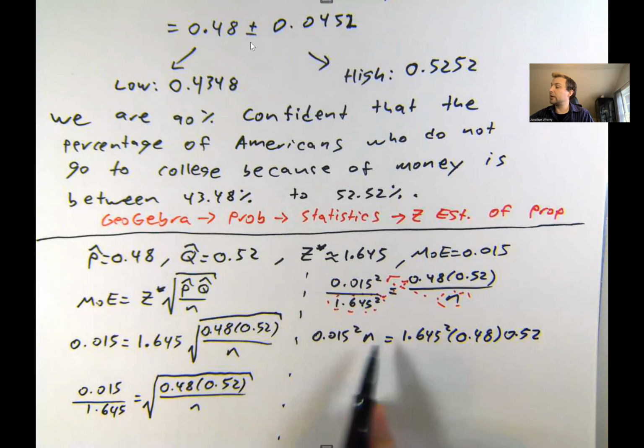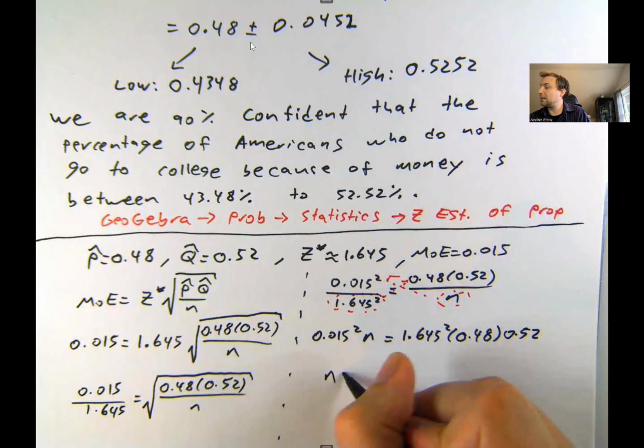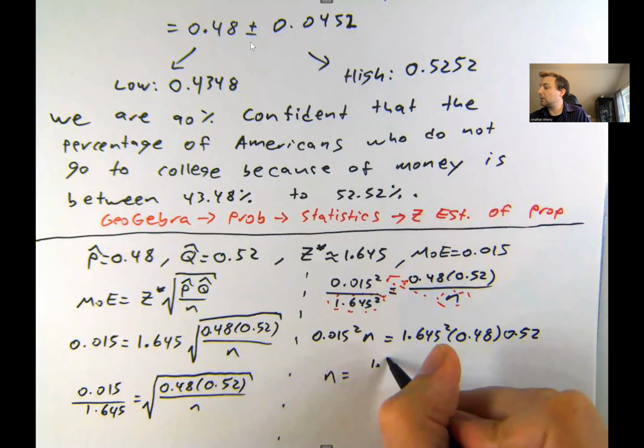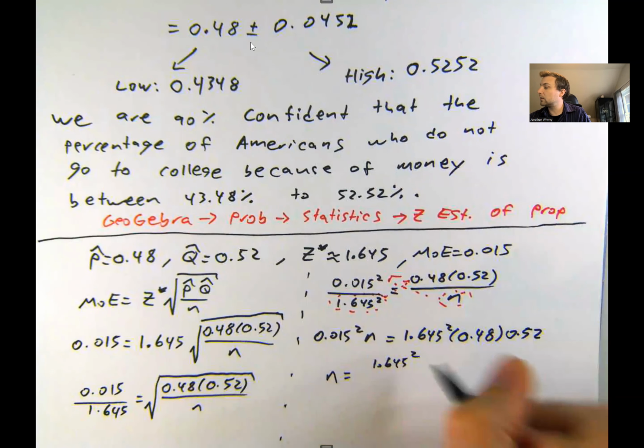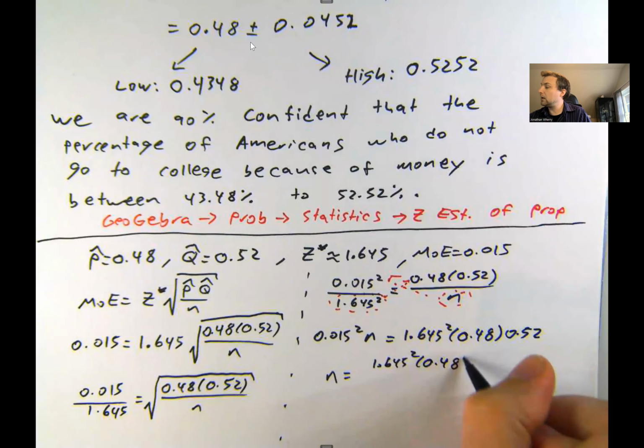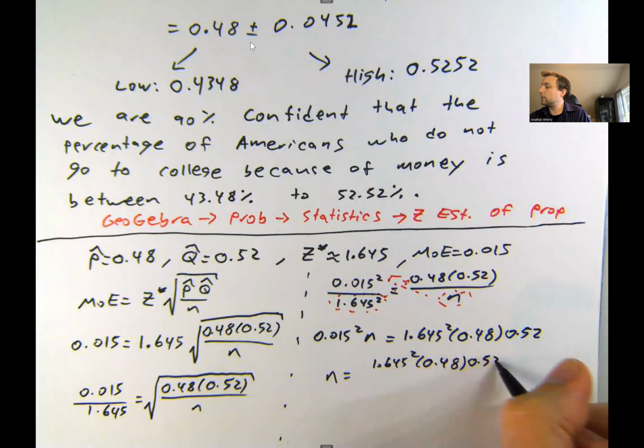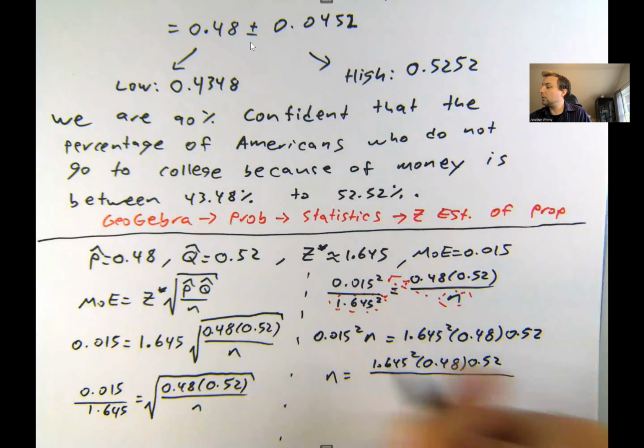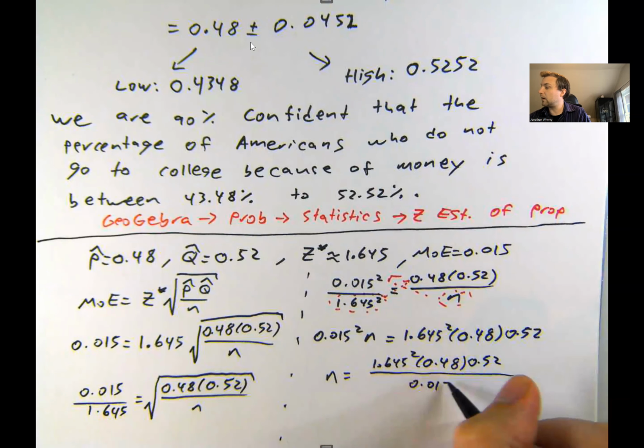To get rid of this multiplication, as a final step, I divide, and this gives me 1.645 squared, 0.48, 0.52, and I'm undoing this multiplication, so I'm bringing this under here, 0.015 squared.